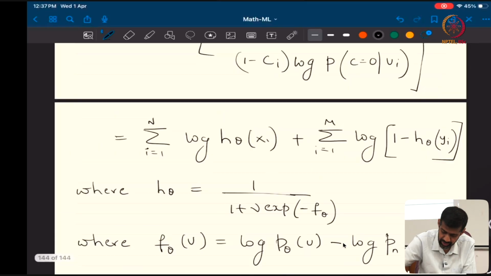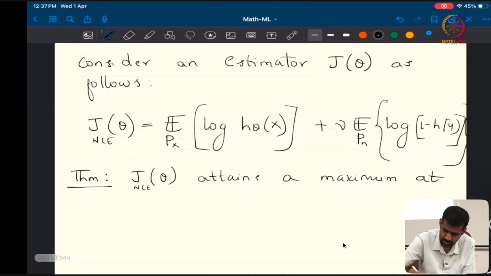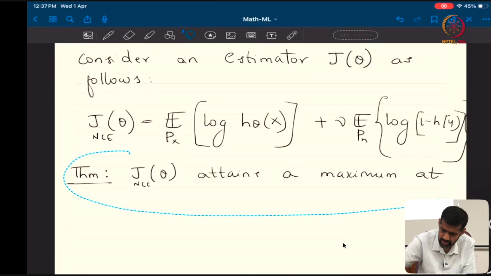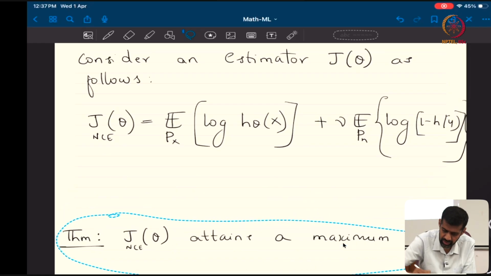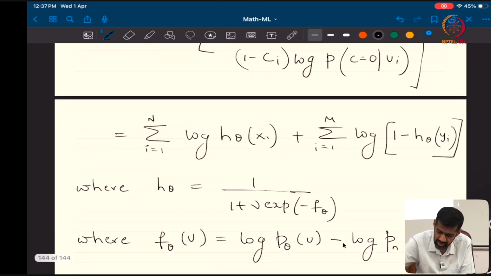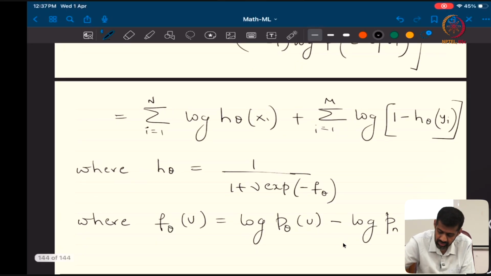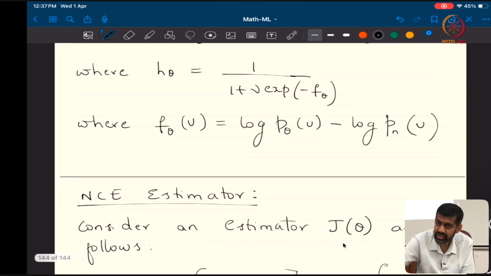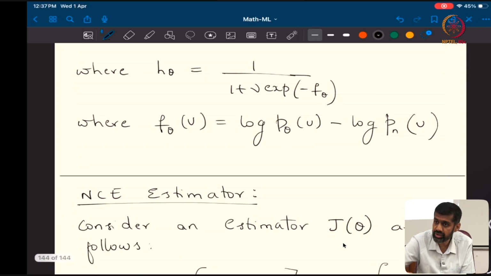Let me just define that as well once, just before we write the theorem, to make it self sustained. What did we define h theta to be here? H theta is 1 by this thing, right, and f theta of u is this, right.